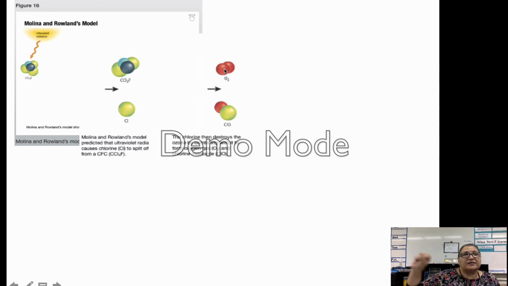Here's a model by Molina and Rowland. They tried to explain the depletion of the ozone layer, the CFCs' effect on the ozone layer, and their explanation is that radiation affects the CFC by making it give off one of its chlorines. When the chlorine is given off, that radical is very reactive, and it breaks down the ozone, which is O3, and oxygen is given off.